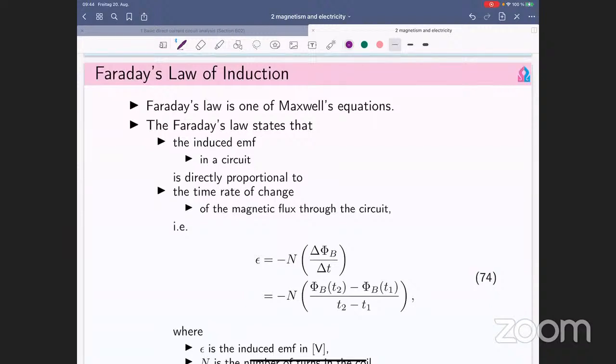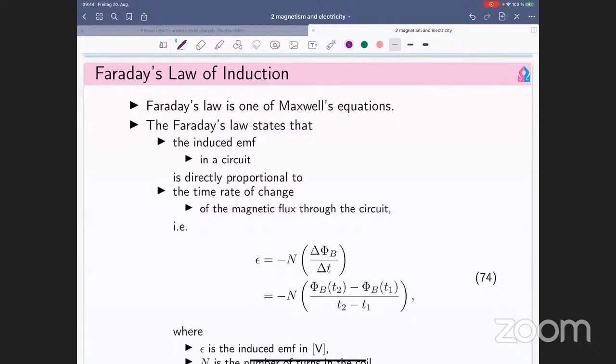In that process, you may wonder that we would like to determine the amount of the induced EMF, right? Electromagnetic force.